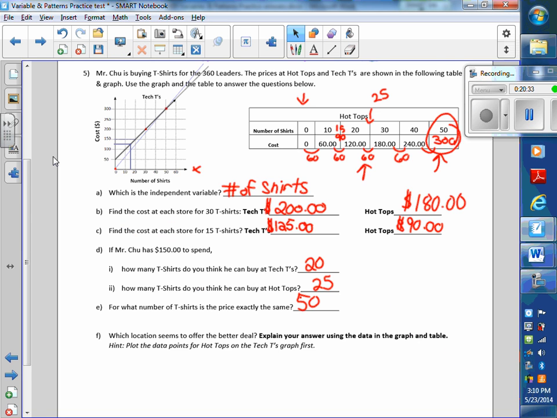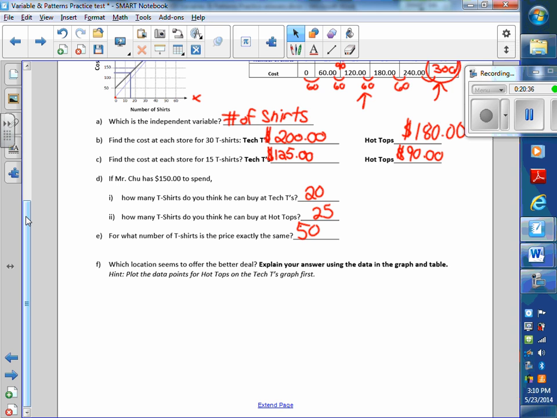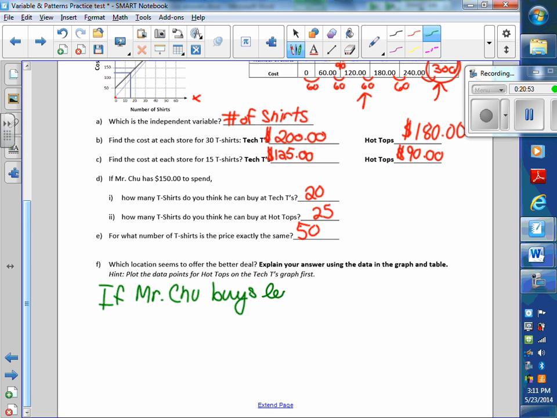Right, it's just like that concept. So do you think I might ask you something like that? Probably, right? Well, you know that Hot Tops goes up by 60 each time, so you know what it's going to be. So if he buys less than 50 shirts, right?